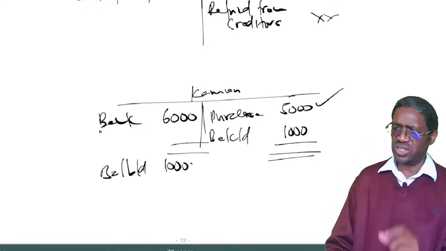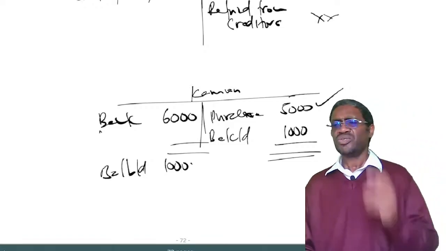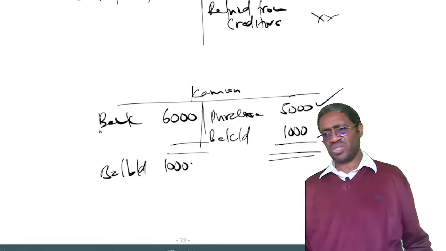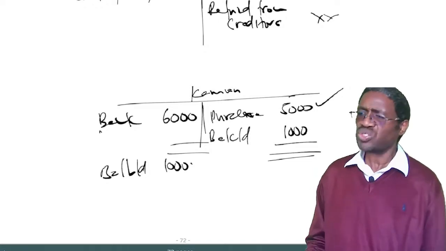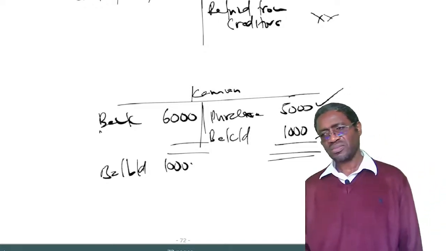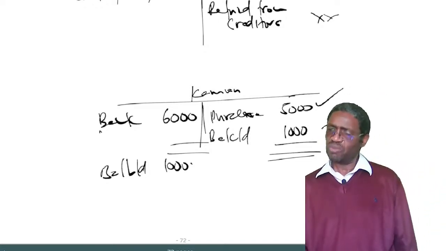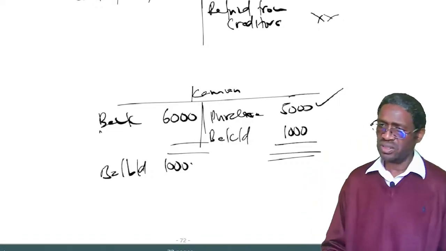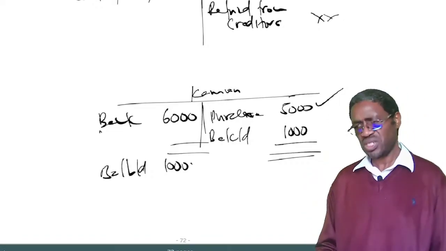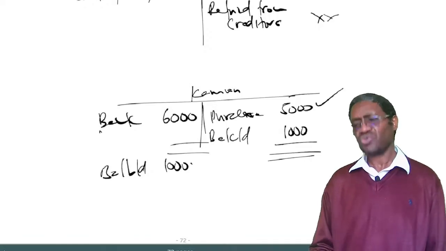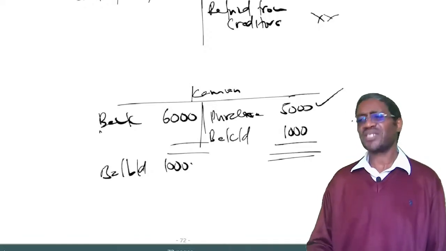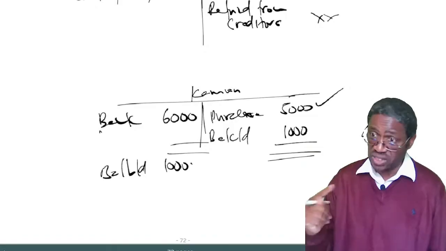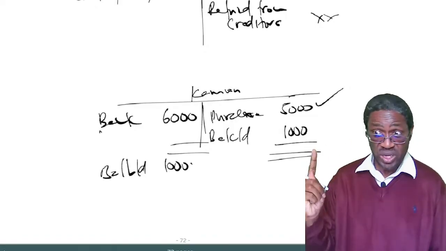So the question is this: do we owe Kamau 1,000 or does Kamau owe us 1,000? We purchased goods from them worth 5,000, but we wrote to them a check of 6,000. So it's obvious that now Kamau owes us, not we owing them.